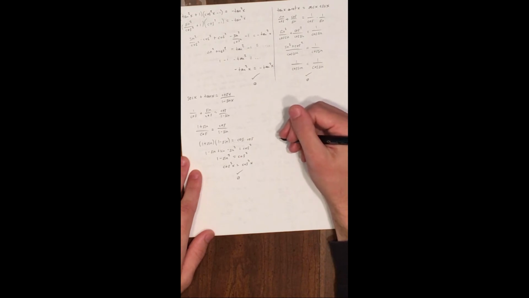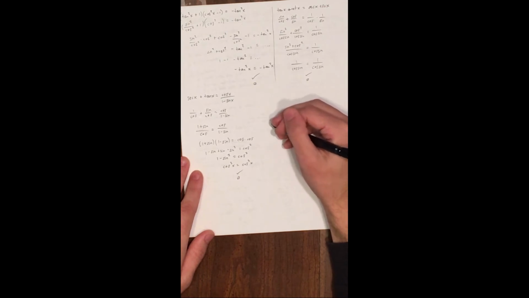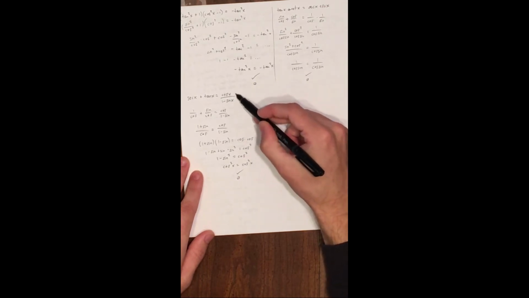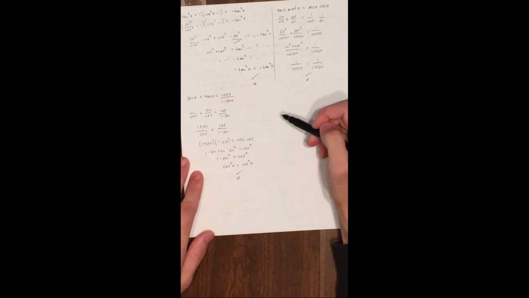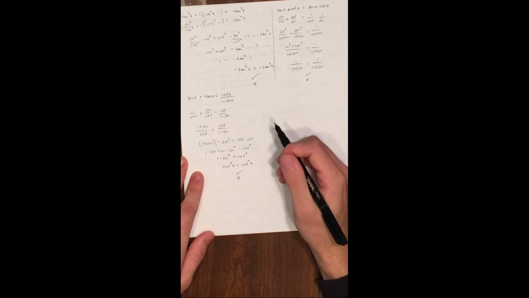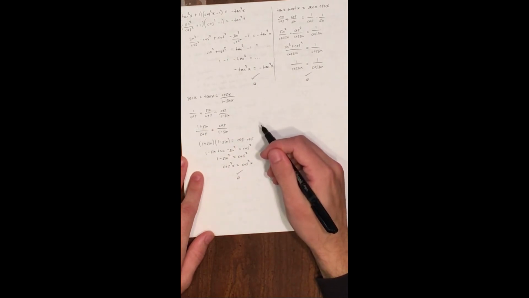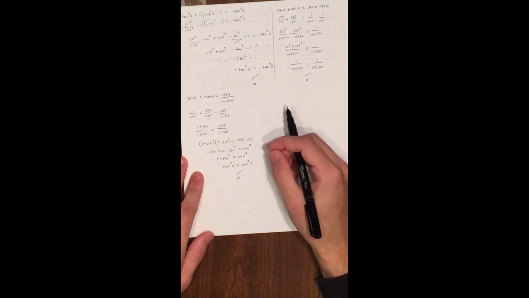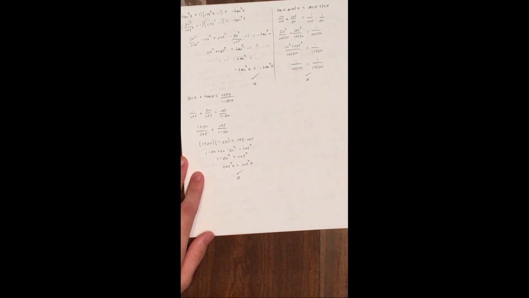So you could start instead by multiplying both sides by 1 minus sine of x, and as long as you distribute it correctly, you should not have so many fractions throughout this process, and it might be a little easier to solve. Right? It'll definitely be a different process, but we should get the same answer.